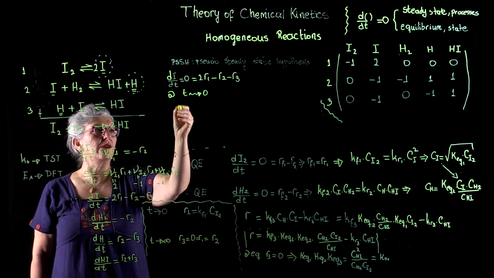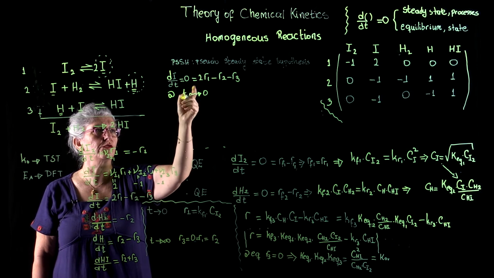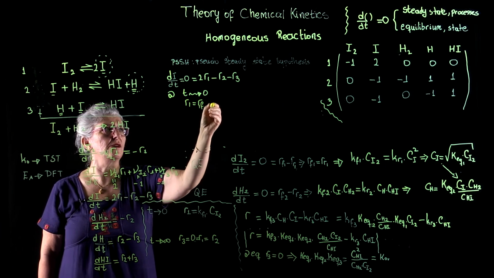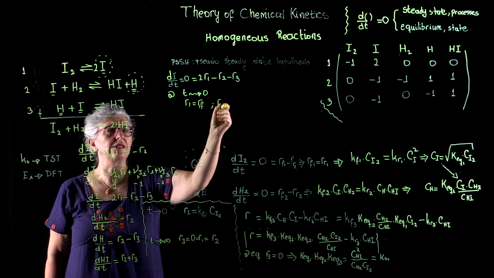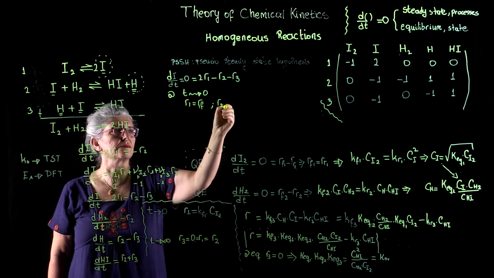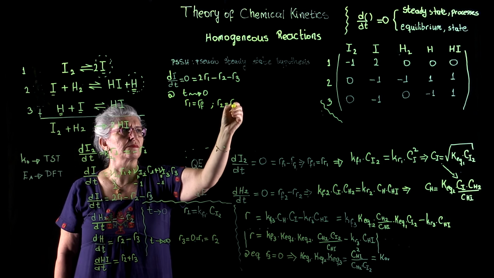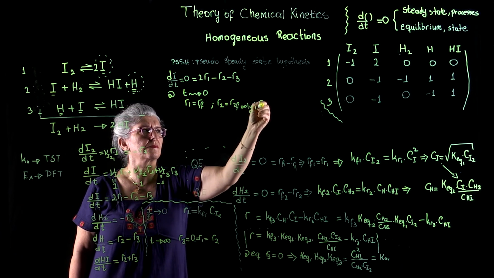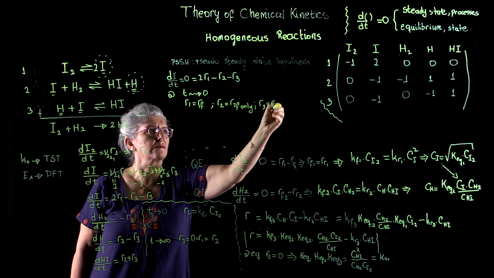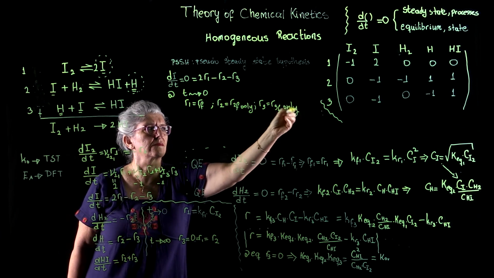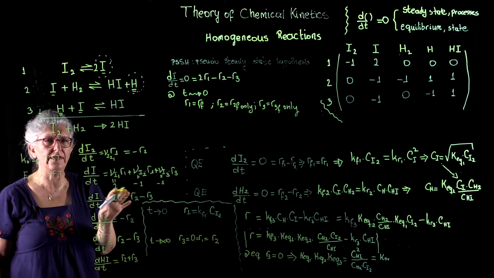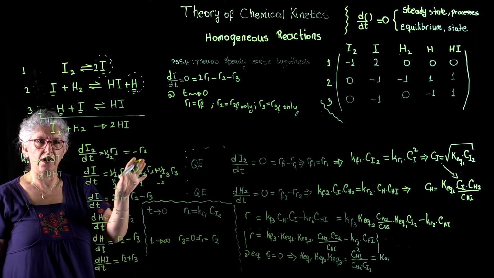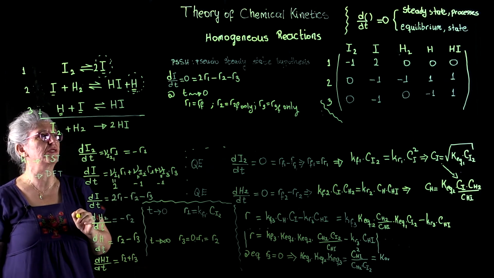So our R1 is R1 forward only, and our R2 and R3 are also only their forward components. Not enough products to have a meaningful rate in the reverse direction.